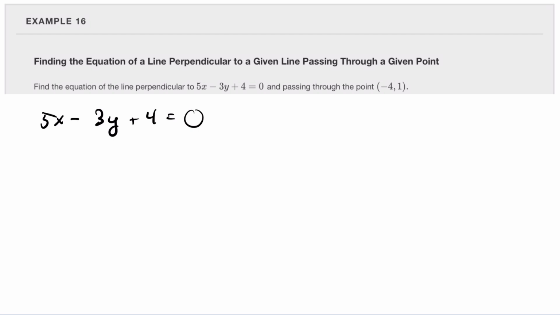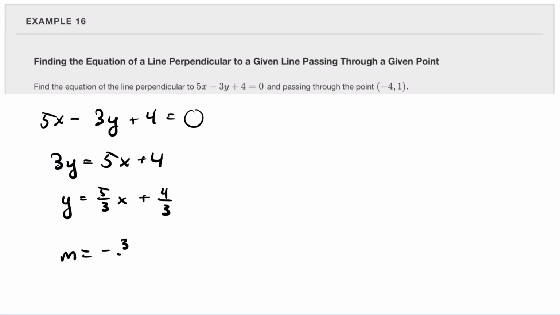I'm going to solve for y. So we'll get 3y equals 5x plus 4. Divide both sides by 3. 5/3 x plus 4/3. So that means our slope is going to be the negative reciprocal. So it's going to be negative 3 by 5.